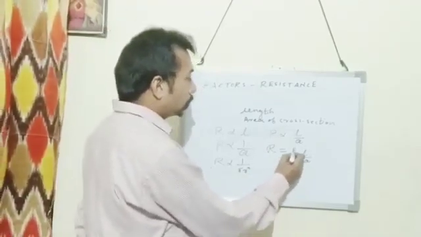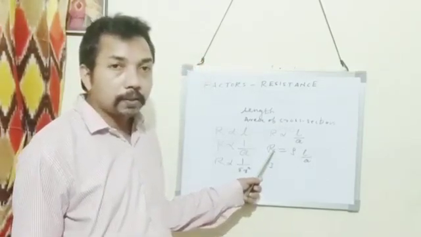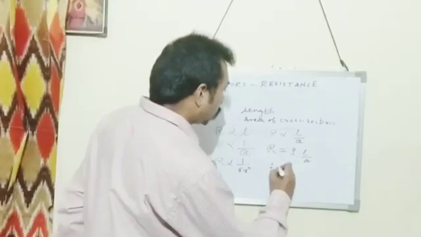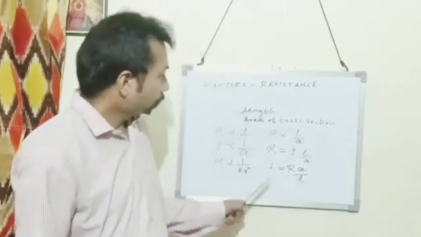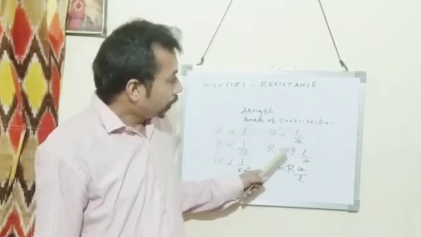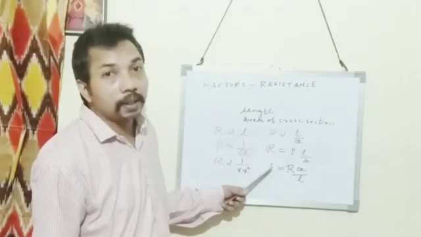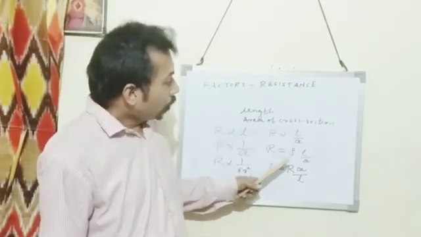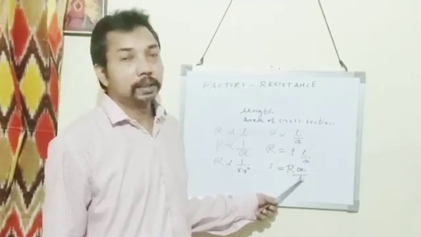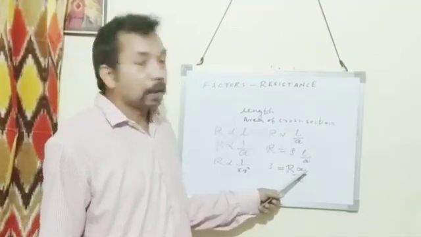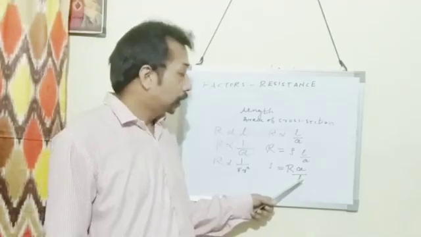Suppose that we make the specific resistance the subject. Then we get the formula as R into A divided by L. Suppose the value of A is equal to 1 and L is equal to 1, then what will we get?